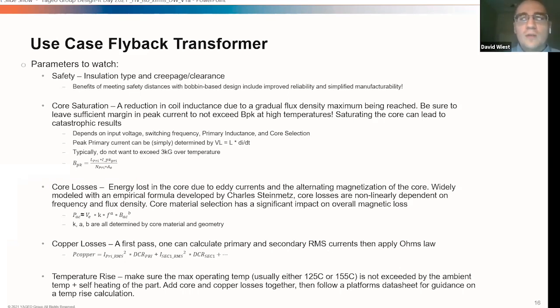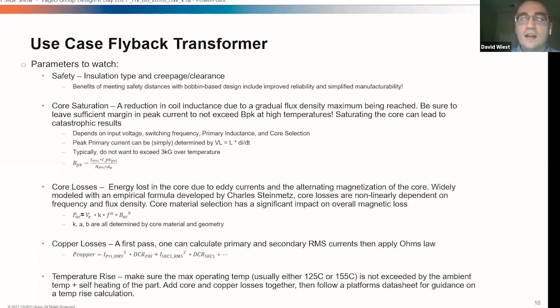When you're choosing your flyback transformer, there are, again, some things to consider. Again, safety is very important, similar to the push-pull. And depending on what is needed, that will impact the wire selection, be it a triple insulated wire or a functional or an enameled wire.